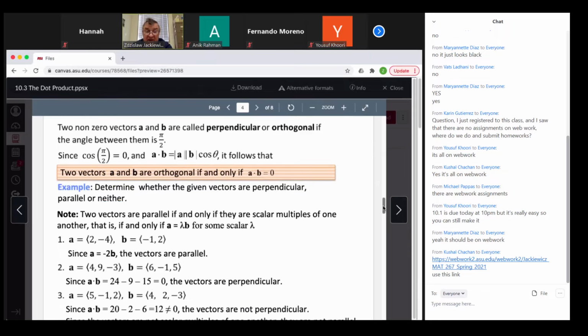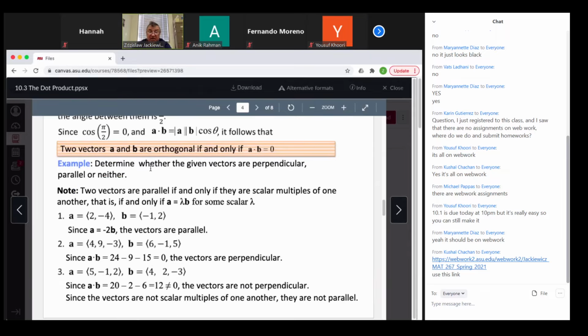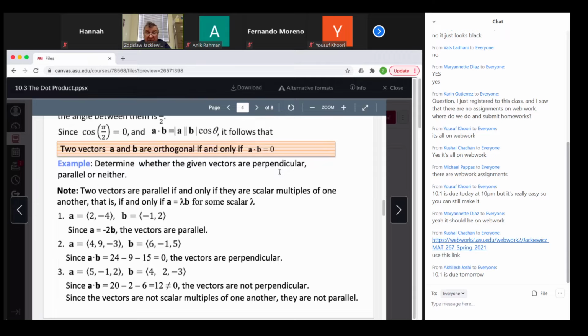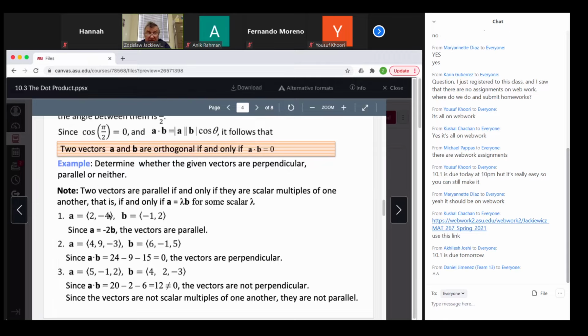Okay, so here is the example. Determine whether the given vectors are perpendicular, parallel, or neither. Well, so let's see. A and B. Here you see that this vector is proportional to this. You can get vector A if you compute minus 2b.